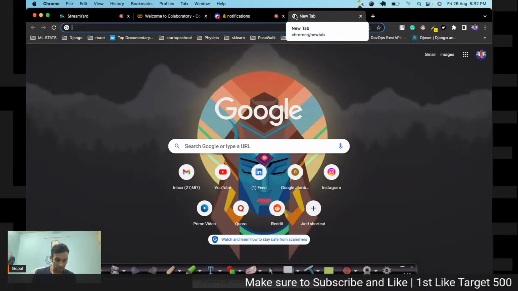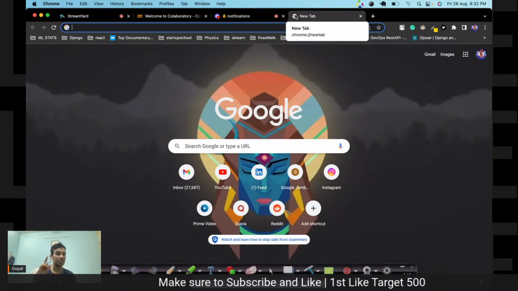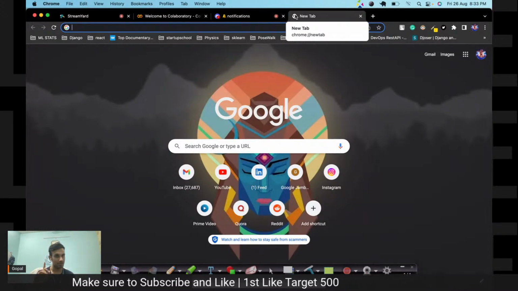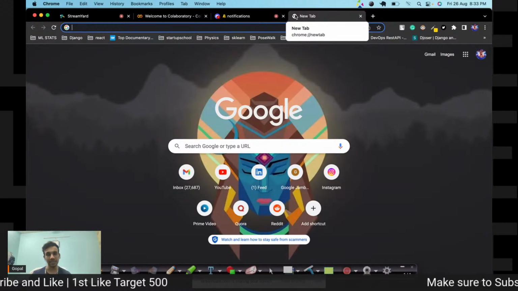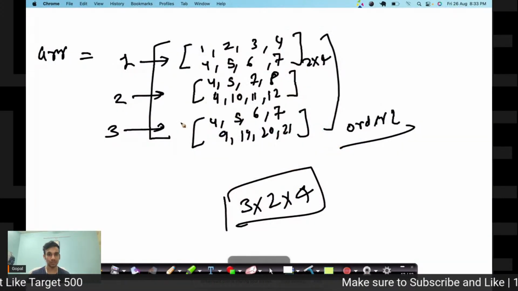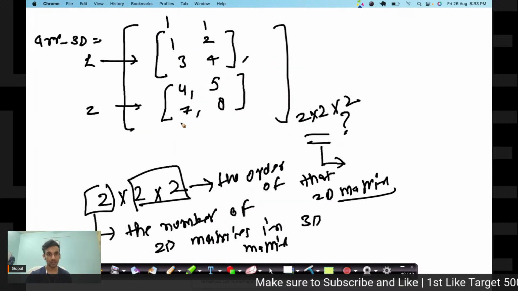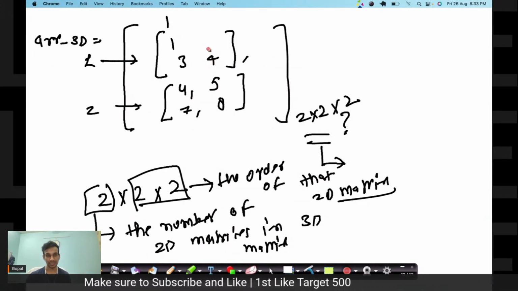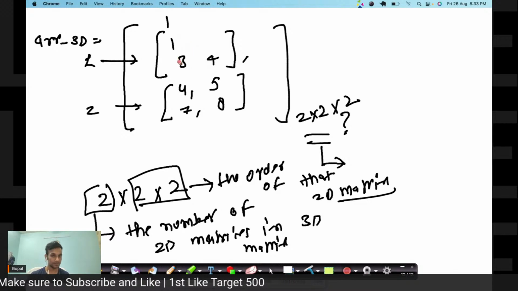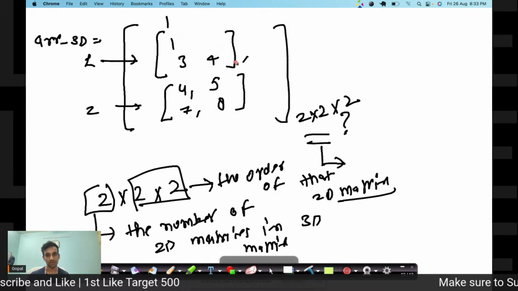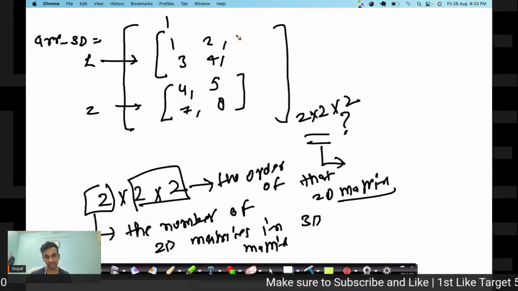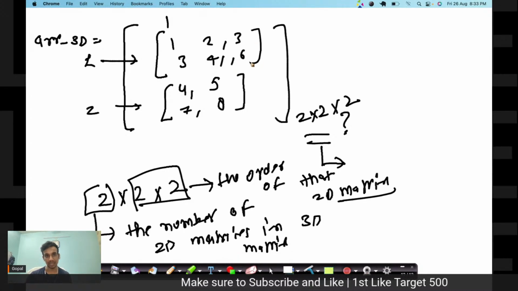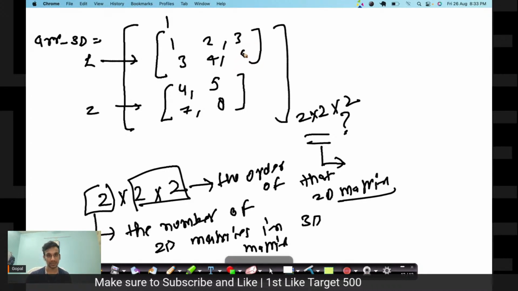What if the inside matrix order is different? That is not possible. I am happy that you brought this question up. Let us say this value is not here, and something like 3 and 6 is what we have.